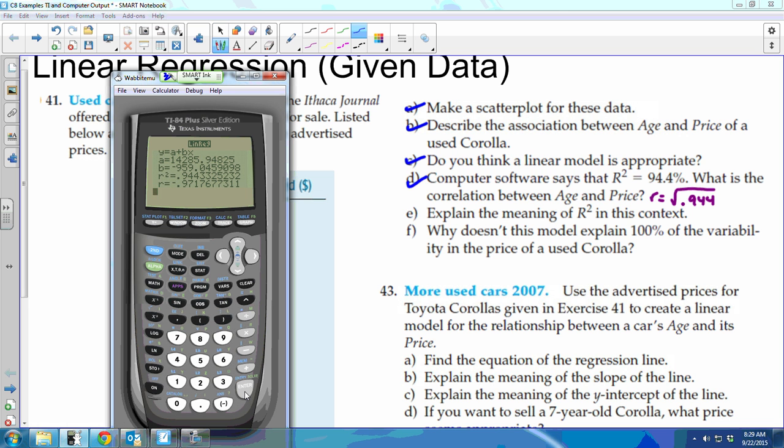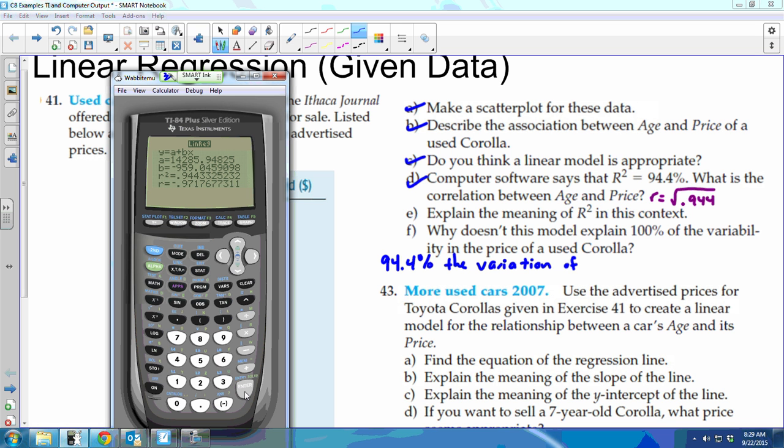All right. Explain the meaning of R squared in this context. That's that sentence that you have to memorize that we talked about yesterday. Talking about the percent of the variation that's accounted for. So we say 94.4% of the variation of, what was the next part?